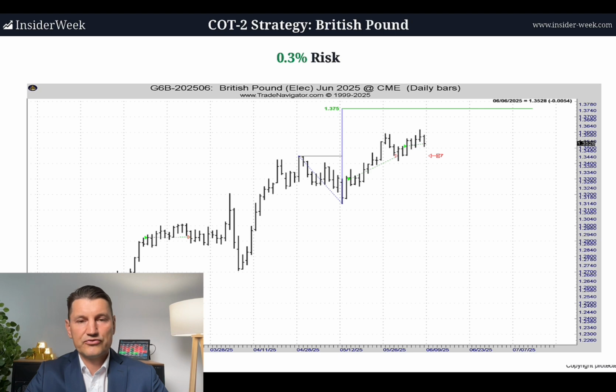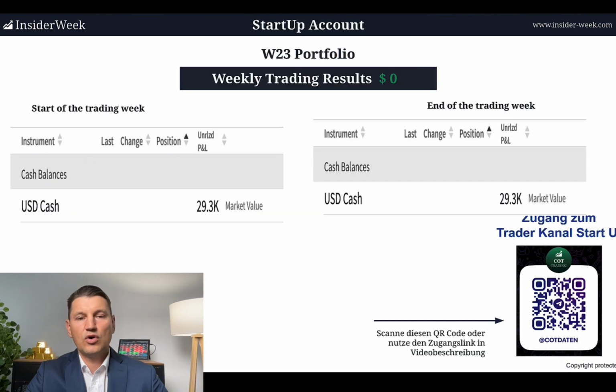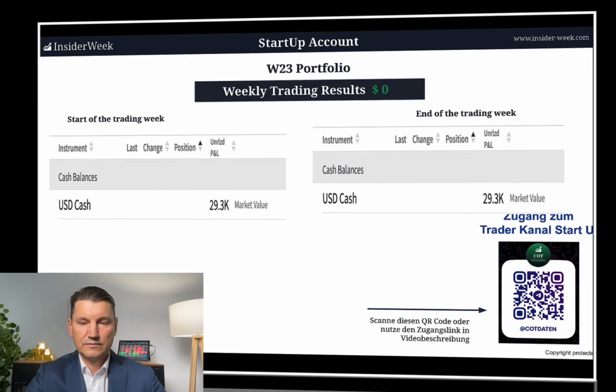Here's the open trade in British pound, and here's the open trade in micro gold. On my small account, I didn't do any trade. I planned one trade, but I forgot to change the contract and I wasn't triggered. But I will plan the entry for Monday in this market, also micro crude oil.